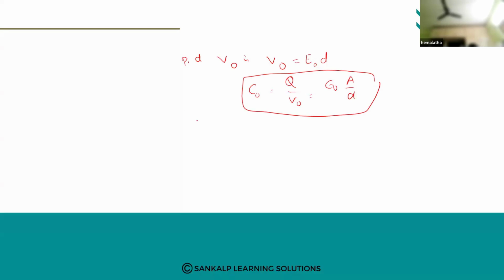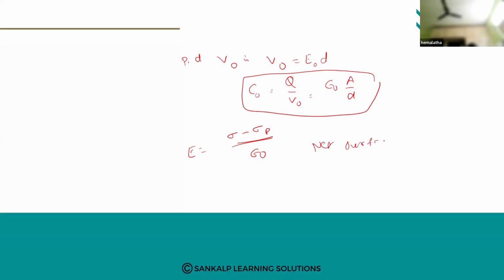But if there is a surface density, E is equal to sigma minus sigma of P divided by epsilon naught.